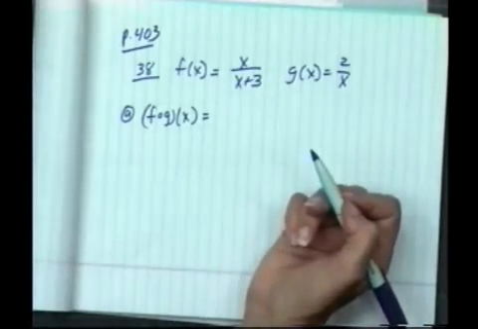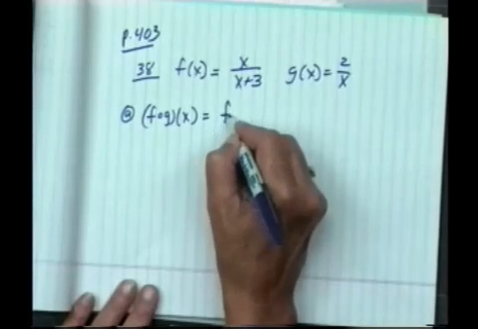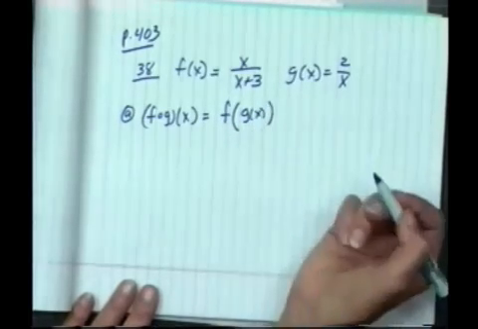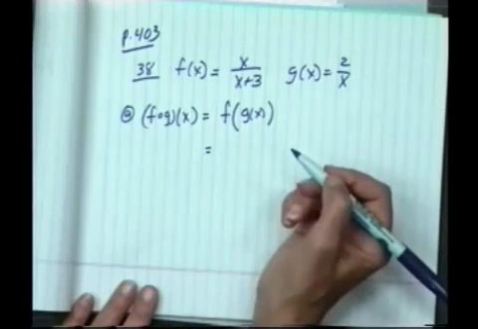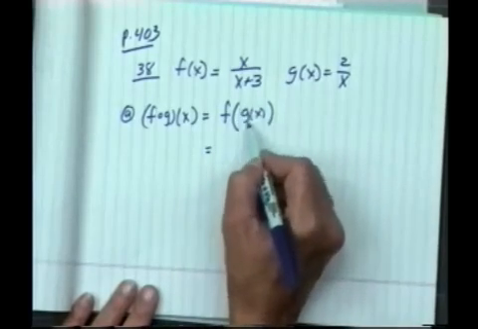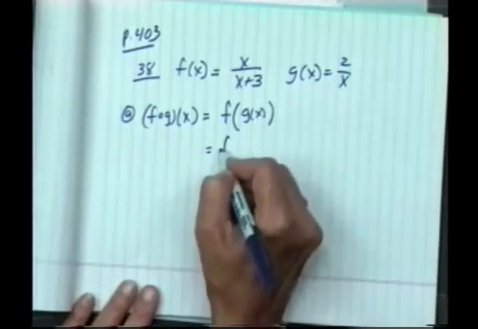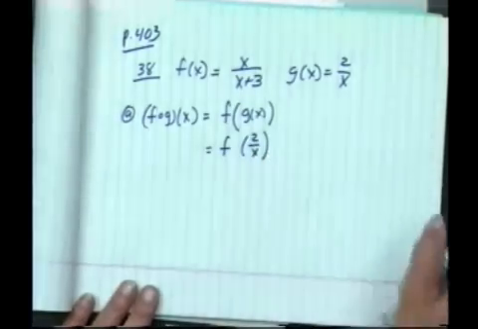All right, what's my next step, everybody? Put g of x in. Okay, f evaluated at g of x. Now what's going to replace this g of x right here? 2 over x.